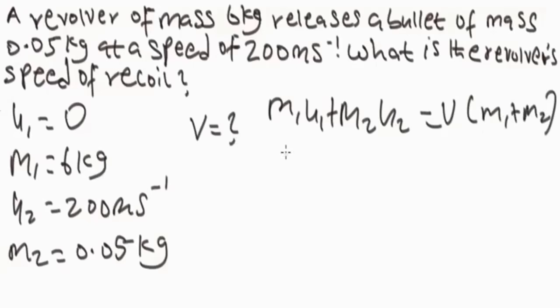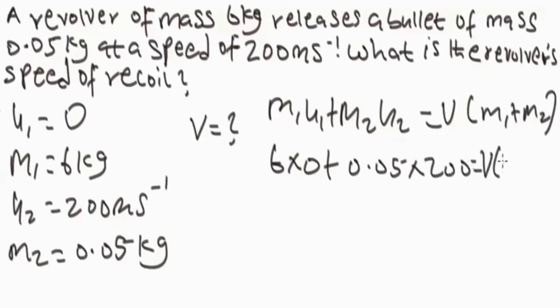When you substitute, we're going to have m1 times 0, plus m2 which is 0.05 times u2 which is 200, equals v in brackets 6 plus 0.05. When you simplify, the first term gives 0. So let me multiply 0.05 by 200. We're going to have 10 equals v in bracket.